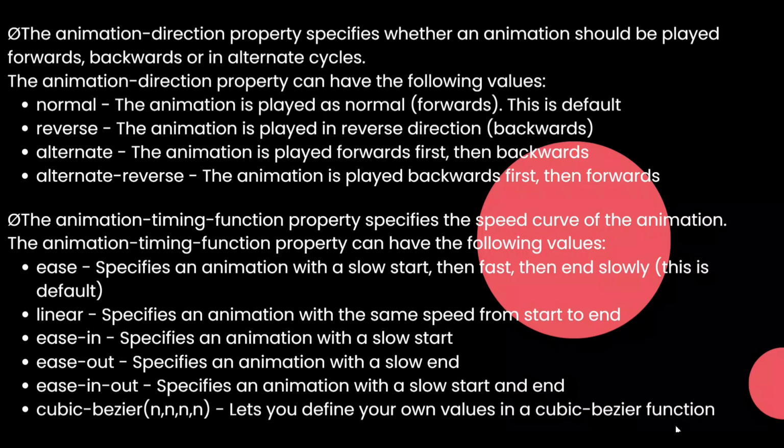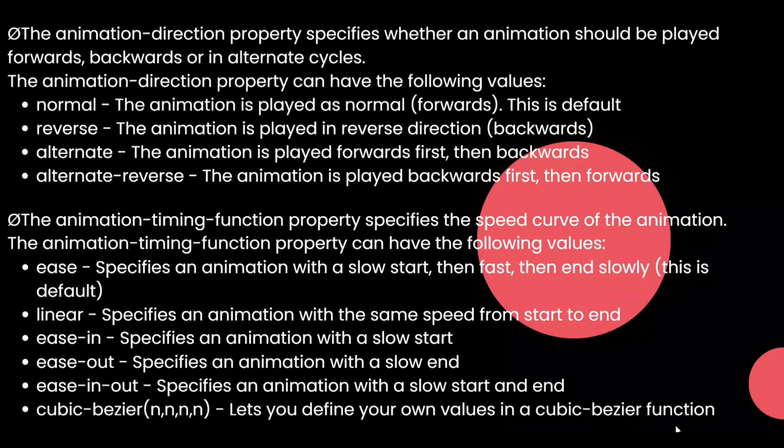We have a number of values. For example, normal. Normal is the default value, whereas reverse is the opposite direction of normal. With alternate, the animation is played forward first, then backward, whereas with alternate reverse, the animation is played backward first and then forward.